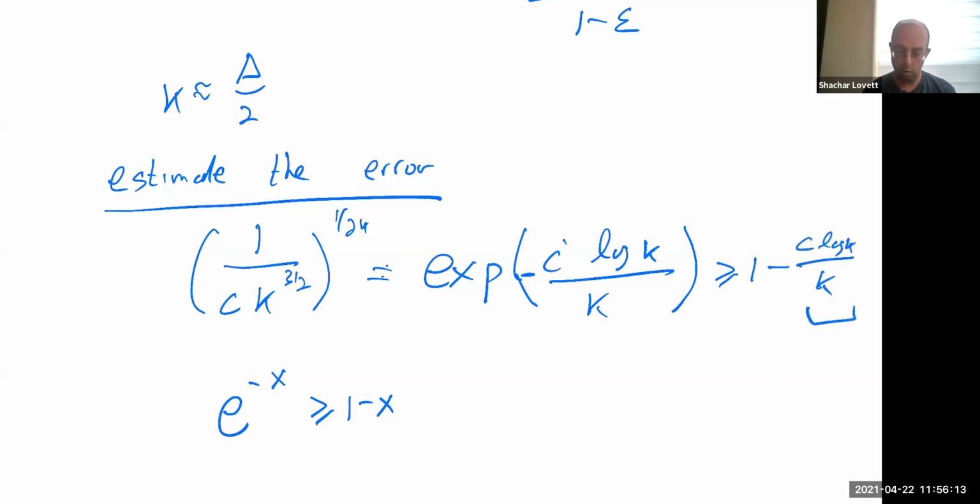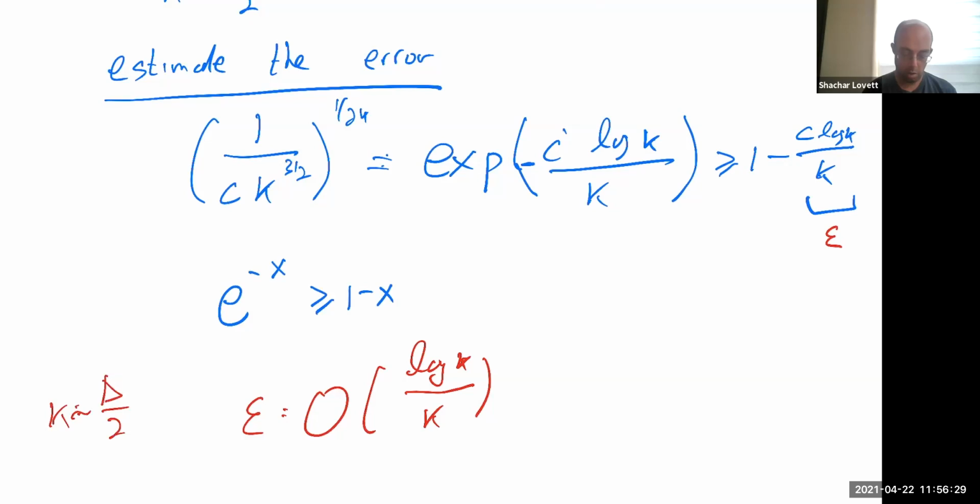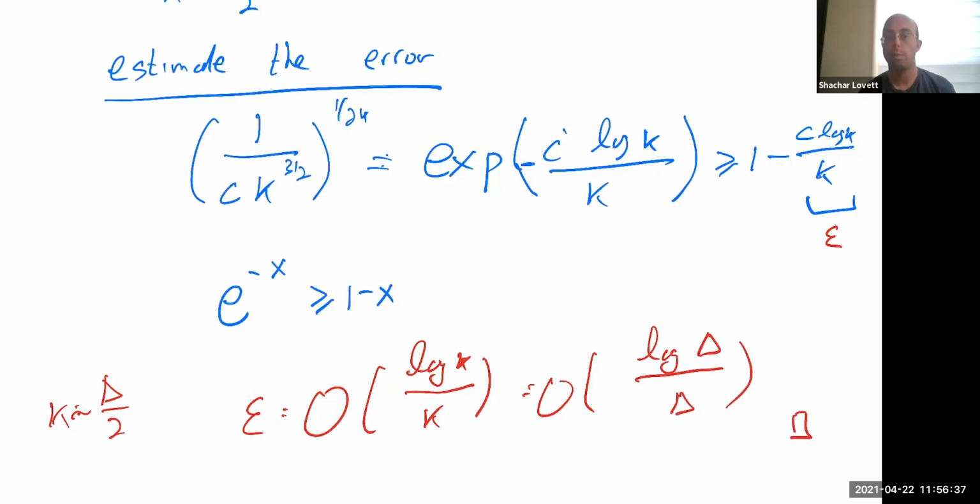So if we call this our error epsilon, we get that epsilon is order of log k over k. And because our k was the diameter over 2 roughly, it's going to be order of log the diameter over the diameter. And this finishes the proof.